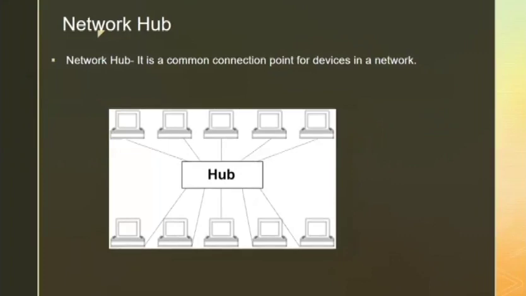If the hub receives any data, the hub sends that data to every other computer. So the hub is less secure than the switch because of the intelligent method. The switch can identify where it comes from and where the data should go. But the hub cannot.